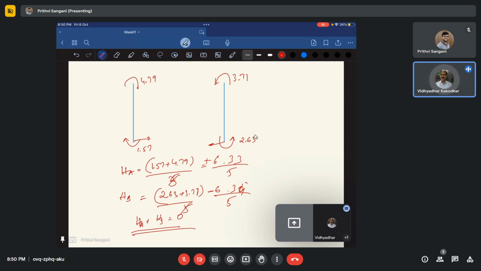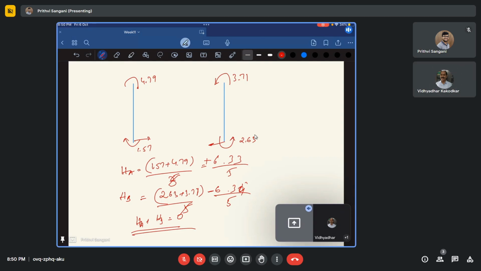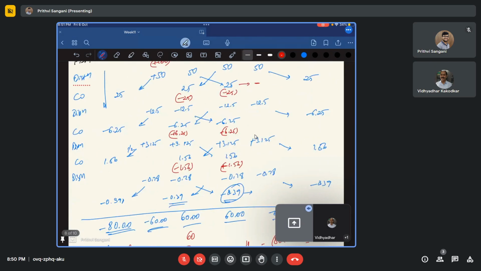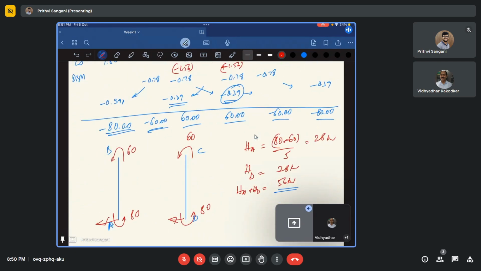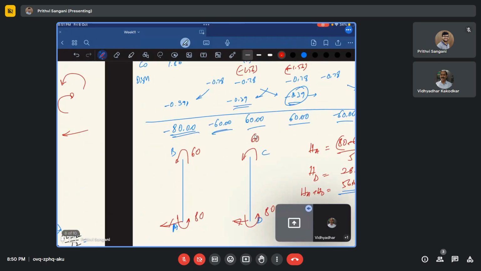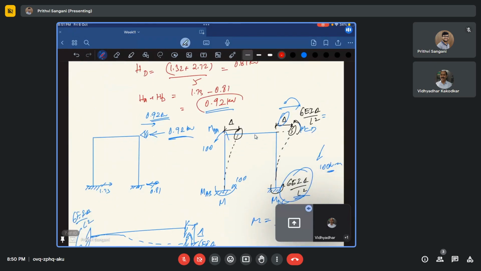What happens if there is already a horizontal load? Yeah, if you have a horizontal load, right now what we are doing is, initially we have obtained the net force as minus 0.93, right? So you can see here the net force is 0.93.